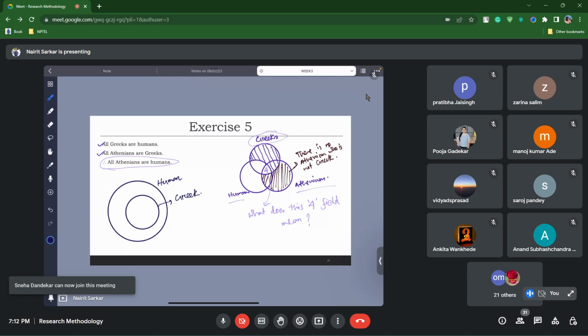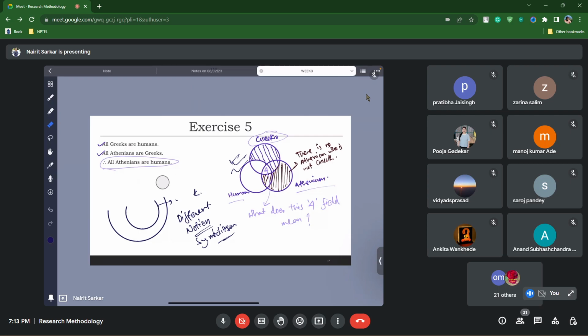Actually, this is a different notation or symbolism. All these are others, so it is easier to understand always.